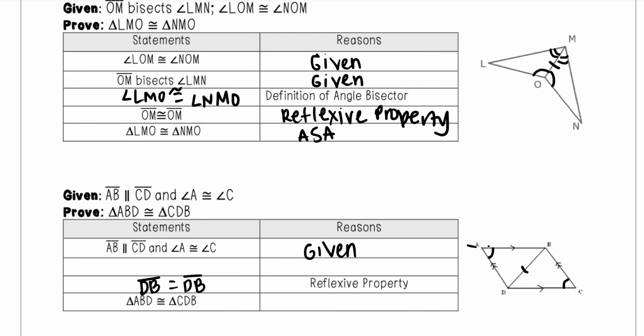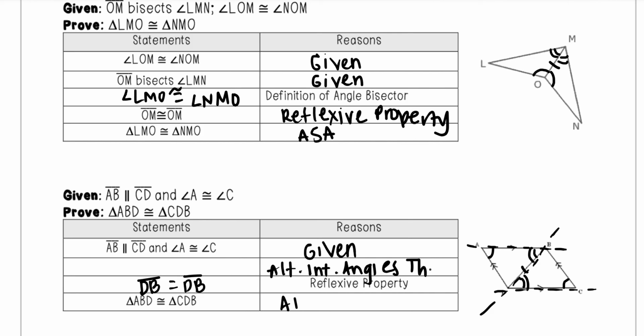Well, we're told that these two lines are parallel to each other. So again, we're looking at this transversal that's cutting through parallel lines. That means that this angle would have to be congruent to this angle because they are alternate interior angles.